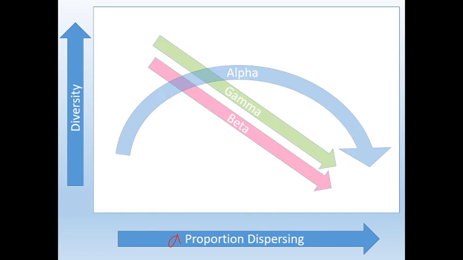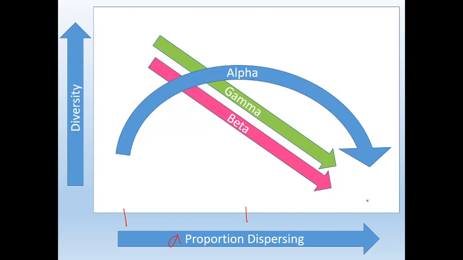And what we see is this really weird graph here, where alpha diversity, beta diversity, and gamma diversity show some weird dynamics. Let's go through and look at what happens at low, medium, and high proportions of the community dispersing.